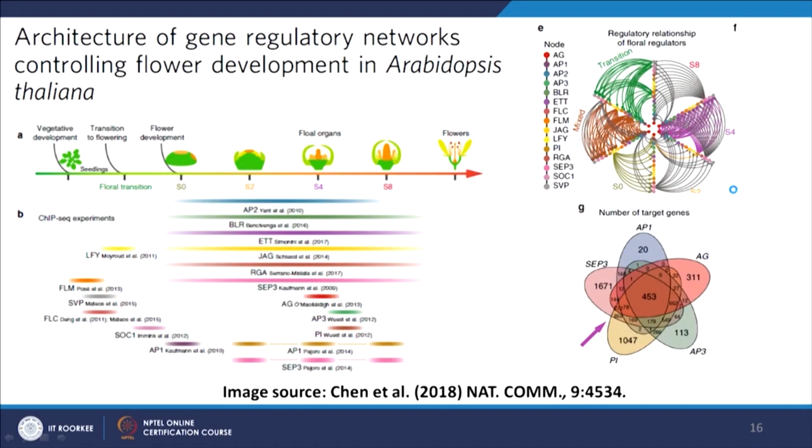Similar things have been done here, looking at the architecture of gene regulatory networks controlling flower development in Arabidopsis thaliana. As I said, flowering starts from the transition from vegetative phase to reproductive phase, and once this transition has occurred, the floral primordia under the floral meristem undergo different developmental stages, and targets of transcription factors at different developmental stages have already been identified.